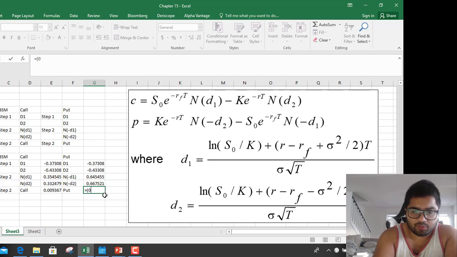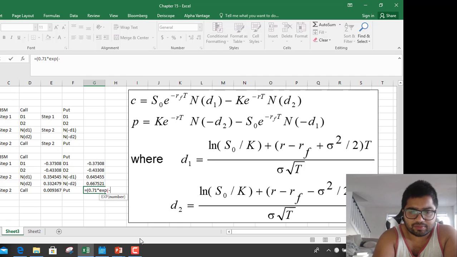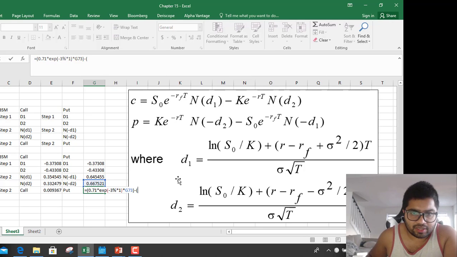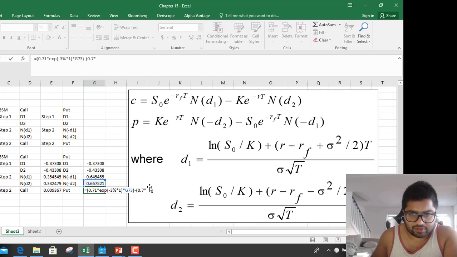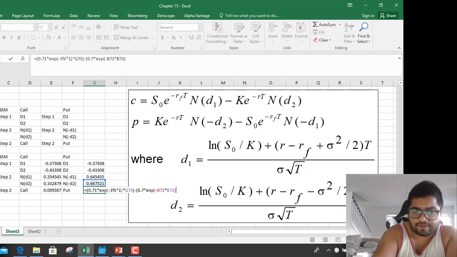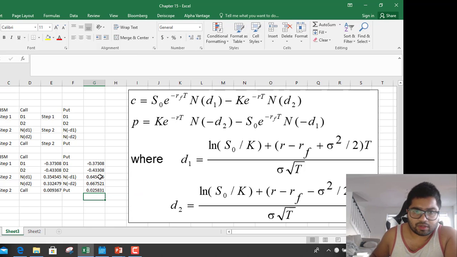Now we use the put function. So the put function is K, 0.71, times exponential of negative risk-free rate in the domestic market, R is 3%, times 1, into N(-D2), subtracted by S0, which is 0.7, times exponential of negative 4% risk free rate times T, multiplied by N(-D1). So the put option price is 0.025831.